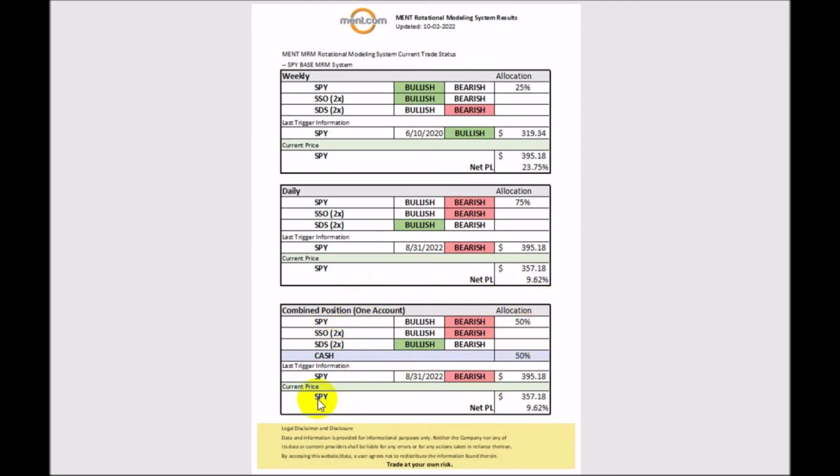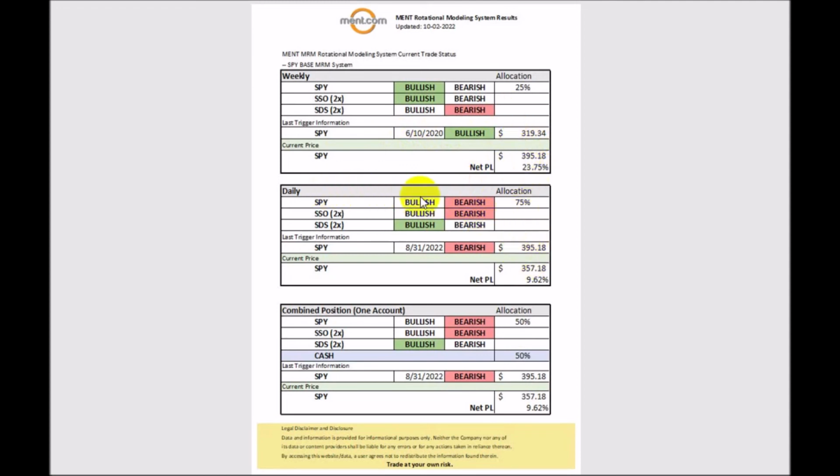Here's the current price for the SPY, which is populated here, here, and here. I'll shorten these up to let you know what's going on. But here's our net position in this. From our entry price of 610.20 at 319.34, we've got 23% profit in this weekly trade.